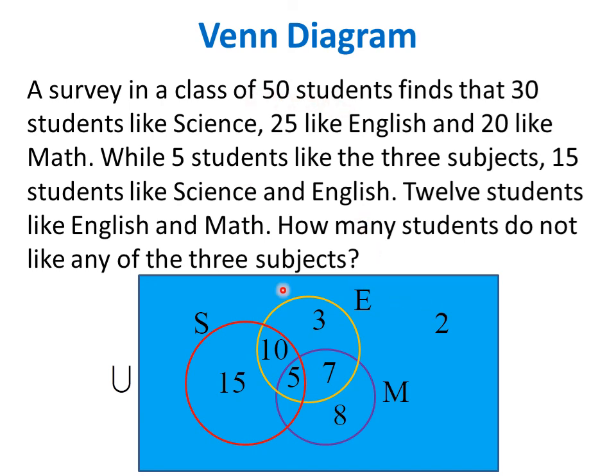By the way, the class is the universal set. So inside the universal set, we have to have a total of 50 students. But inside the 3 sets, we only have 48. So outside those sets, we have to have 2 students. Therefore, how many students do not like any of the 3 subjects? There are 2 students. If you have any question, please leave a message.